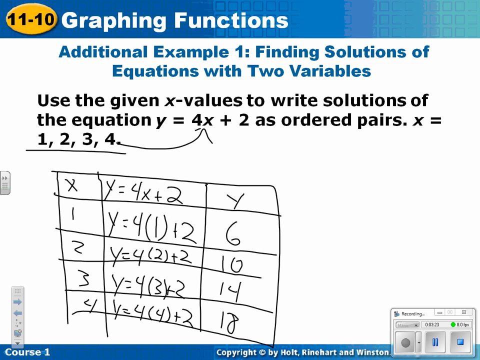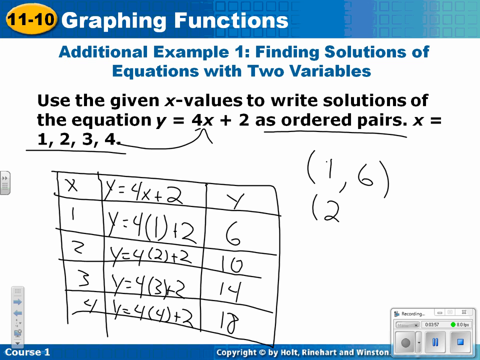Now, next step. Says, as ordered pairs. So we need to answer the question that's being asked. So we need to write our ordered pairs. We have x and y. Remember? Which comes first, x or y? X. When x is 1, y is what? 6.